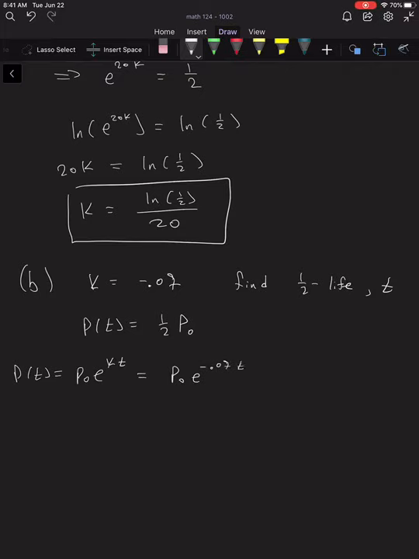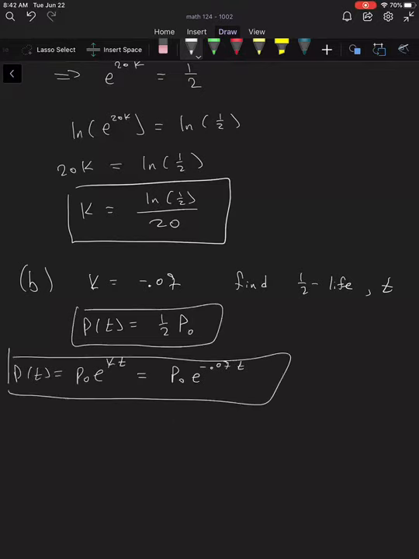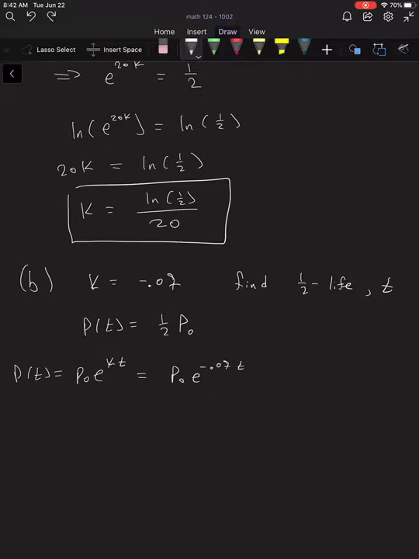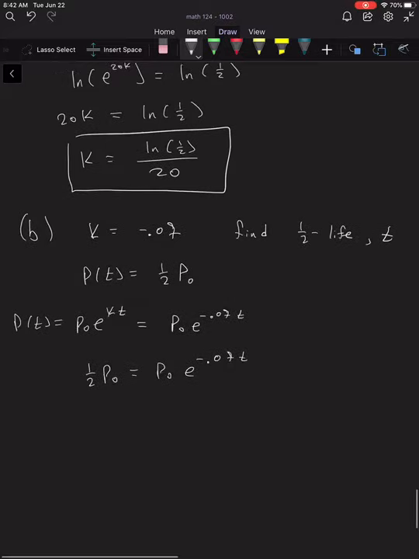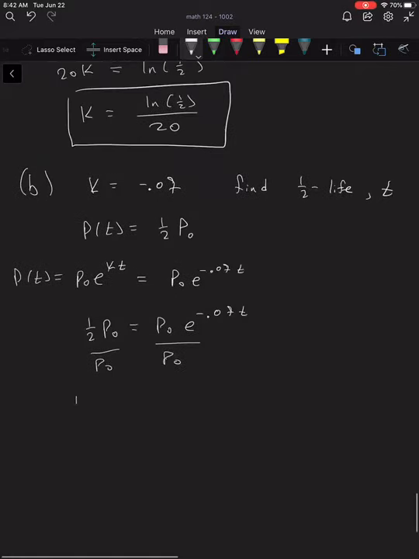So we know that P of T is equal to 1/2 P naught, and P of T is also equal to P naught e to the minus 0.07 T. So we get to set those two things equal to each other. In doing that, we get 1/2 P naught is equal to P naught e to the minus 0.07 T. Just like before, we can divide by P naught and we get 1/2 is equal to e to the minus 0.07 t.